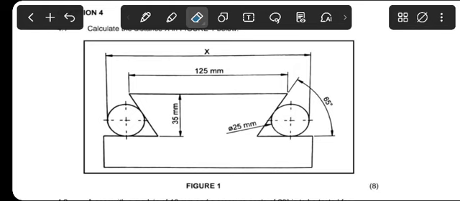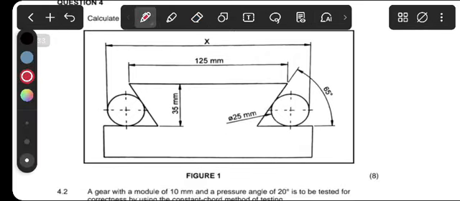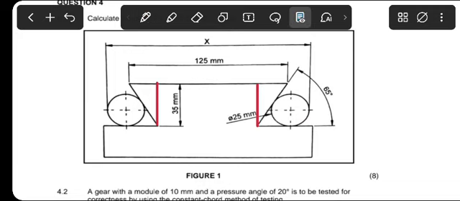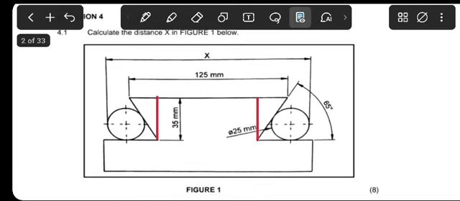All right, so I can form a triangle here. It will be the same on the other side because, as you can see, we're given the same diameters, the exact same diameter, the same angle, all of those things.